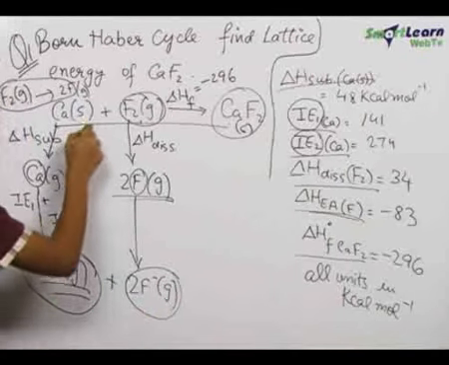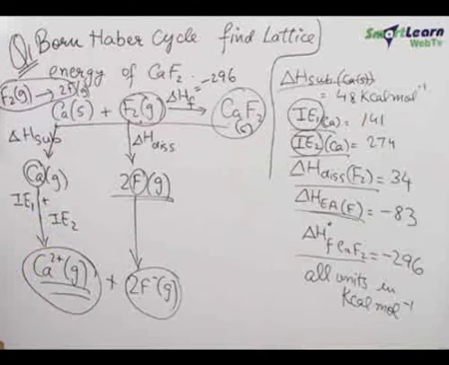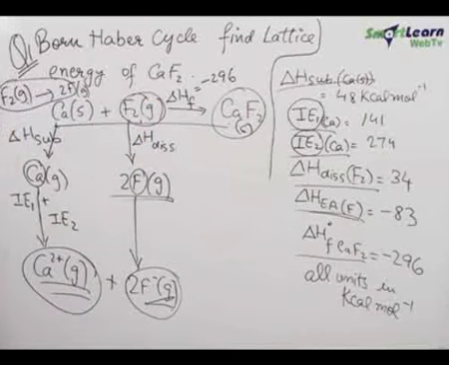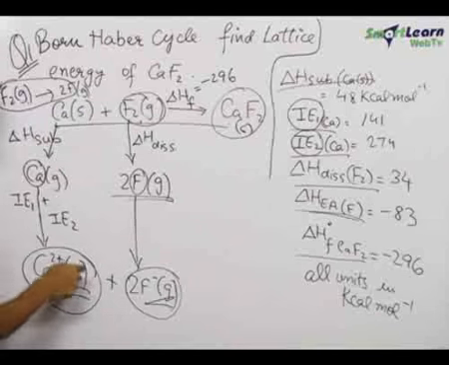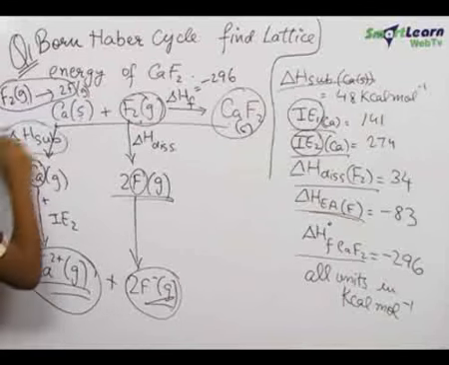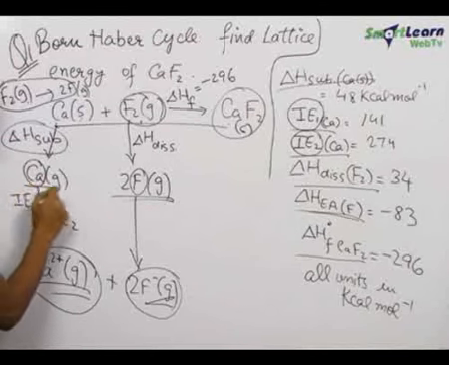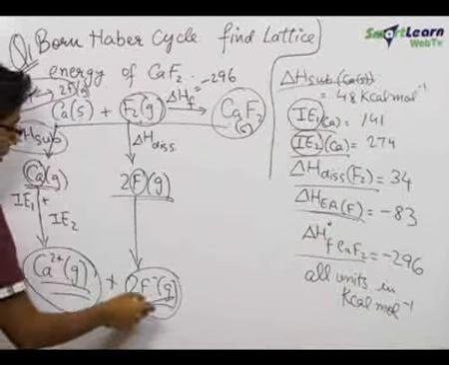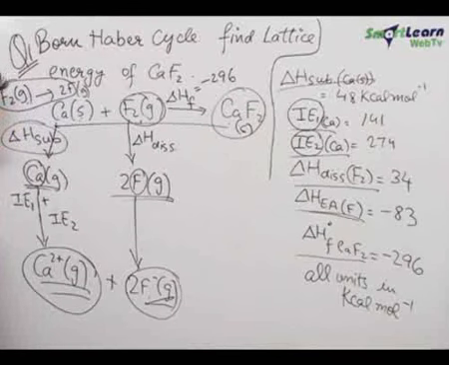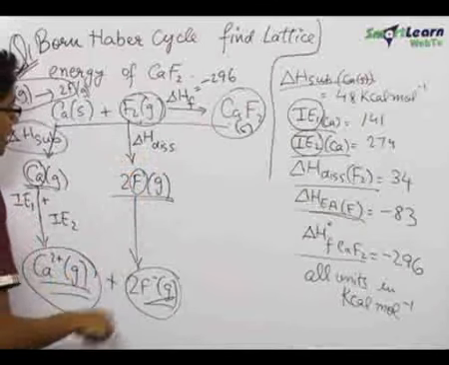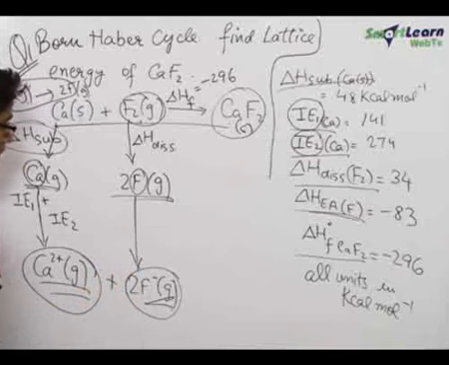So we are converting this calcium solid into Ca 2 plus gaseous state and this fluorine gas into fluoride ion in gaseous state. We first converted calcium into gaseous state using the sublimation energy, and then this calcium in gaseous state to Ca 2 plus ions. Similarly, this fluorine cannot be directly converted into 2 fluoride ions. They first have to be converted into fluorine atoms in gaseous state and then into fluoride ions.